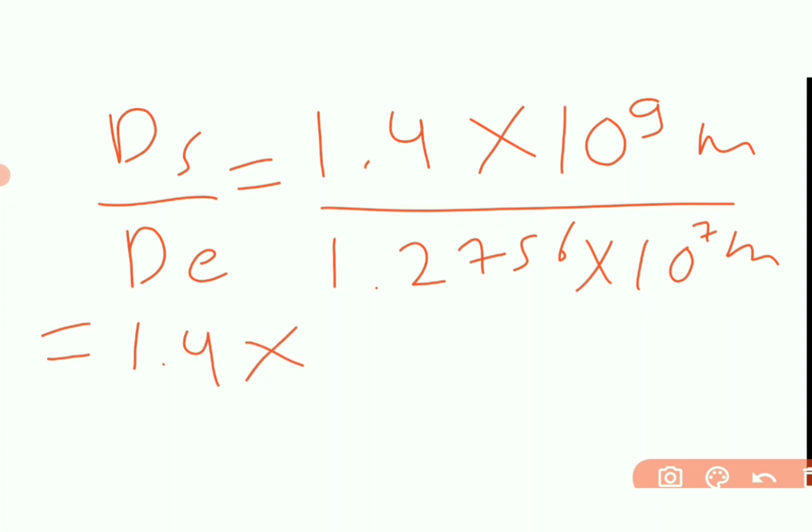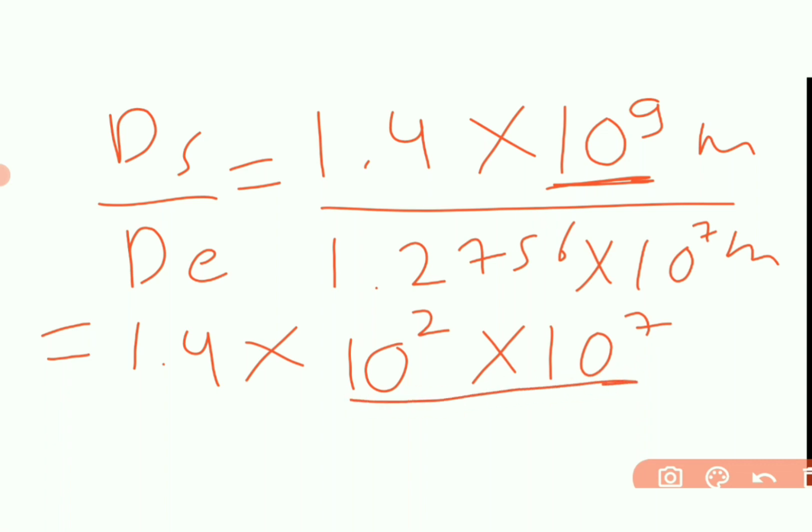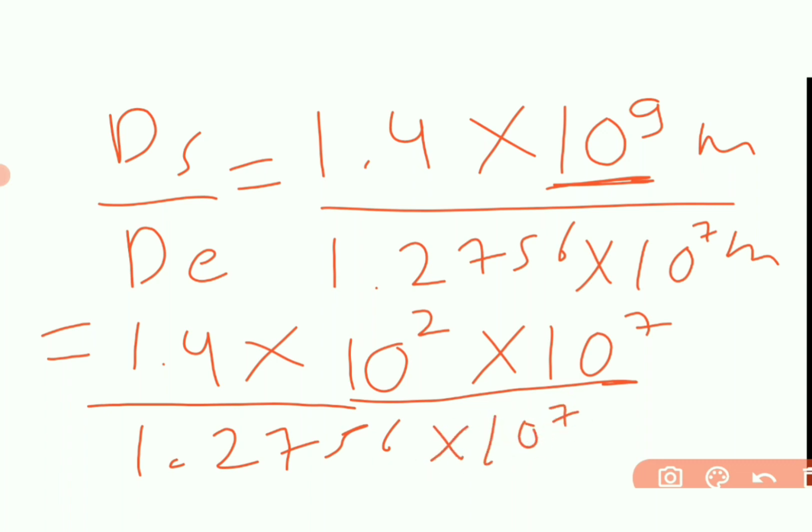1.4 into 10 raised to the power 9, we can convert into 10 raised to the power 2 into 10 raised to the power 7, and by solving this you again get 10 raised to the power 9, and in the denominator it remains the same, 1.2756 into 10 raised to the power 7. So cancel out in numerator and denominator.